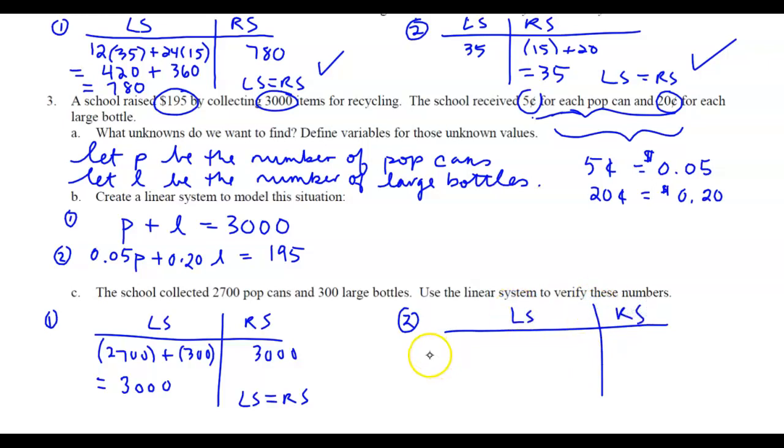And the next one, equation 0.05 times 2,700 plus 0.2 times 300. And the right side is 195. So 0.05 times 2,700 is 135. 0.2 times 300 is 60. And yeah, it works.